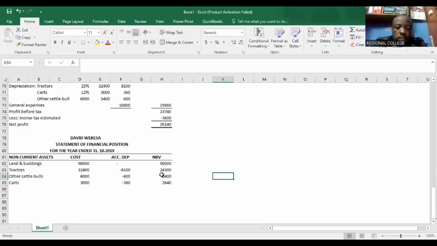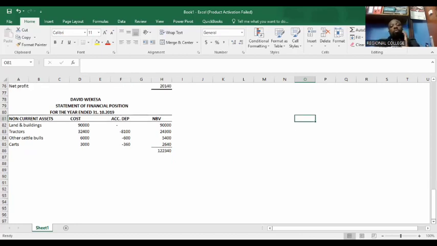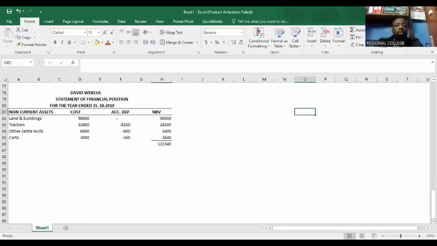I don't see any, so can you add the total net book value for the year? So that is the net book value.